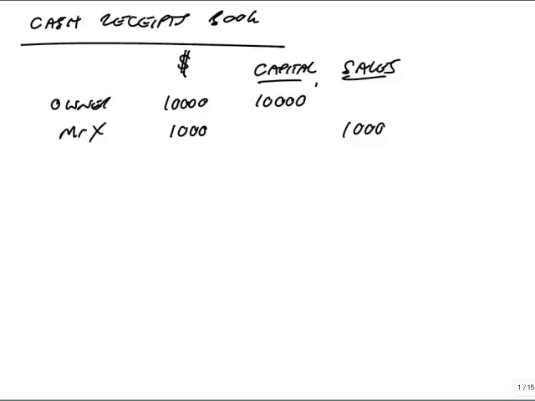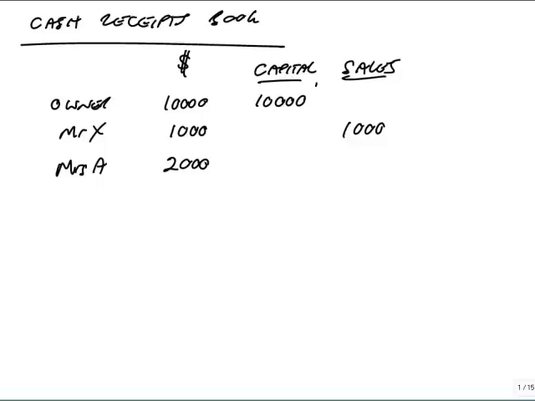Can anybody think of another reason a customer might pay us money? He owes us money. Thank you, because he owes us money. We might have sold goods on credit. And if a customer owes us money, surely when we get the money from Mrs. A or something, if she pays us 2,000, what do you do when a customer pays you money when they owe it you?